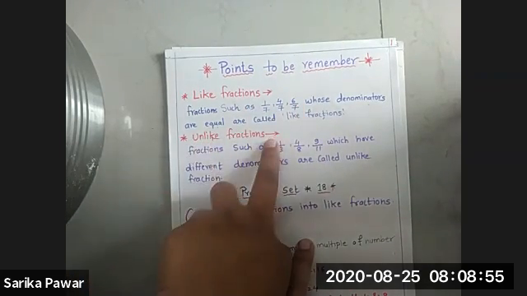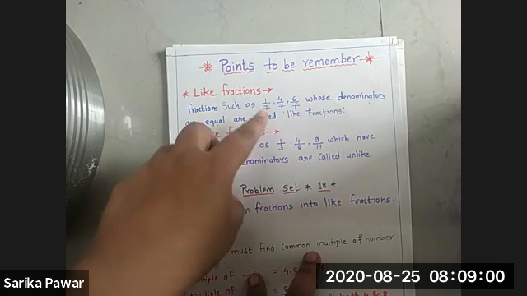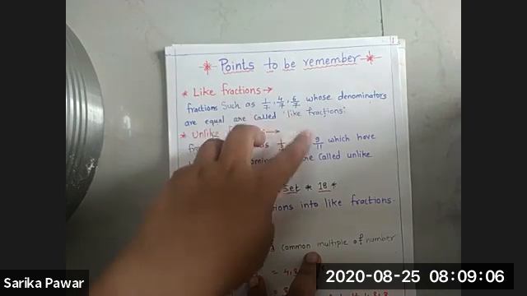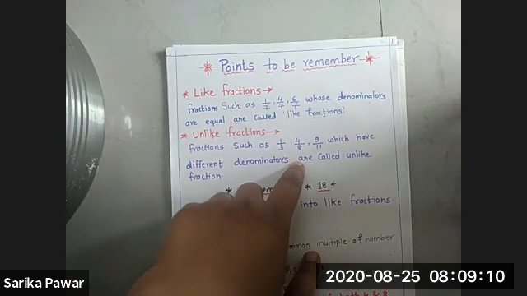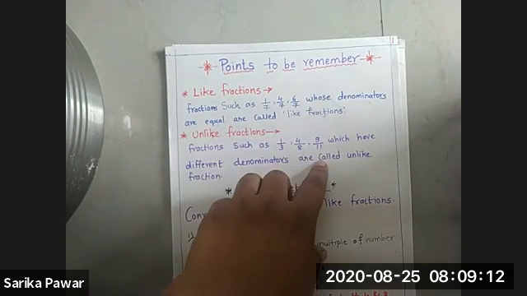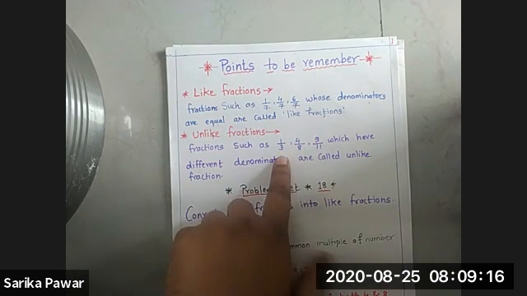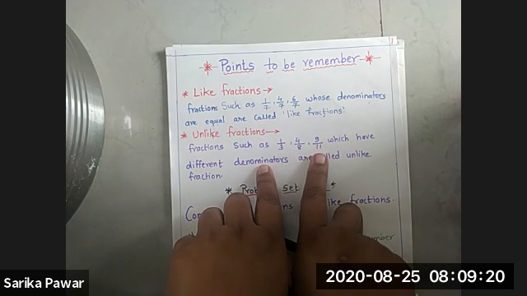See, unlike fractions now. Fractions such as, see here, 1 upon 3. Here numerator is 1 and denominator is 3. 4 upon 8. Here numerator is 4 and denominator is 8. Next one is 9 upon 11. 9 is numerator and 11 is denominator. In this, three fractions are there. 3, 8, 11.